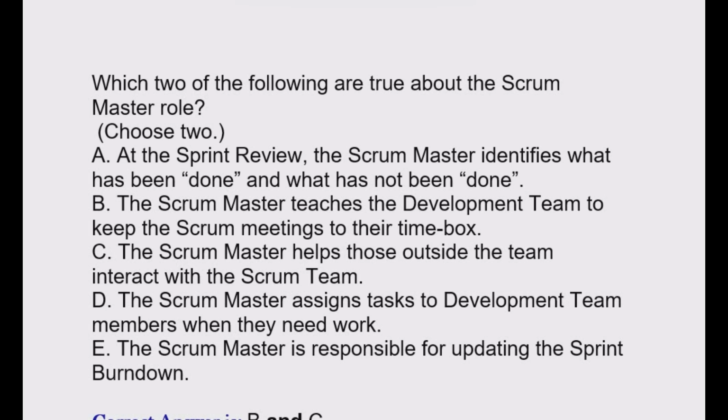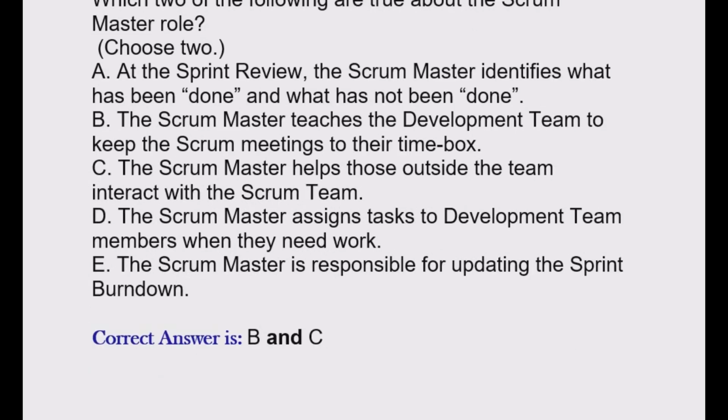Option C, the Scrum Master helps those outside the team interact with the Scrum team. Option D, the Scrum Master assigns tasks to development team members when they need work. Option E, the Scrum Master is responsible for updating the sprint burn down. Correct answer is option B and option C.